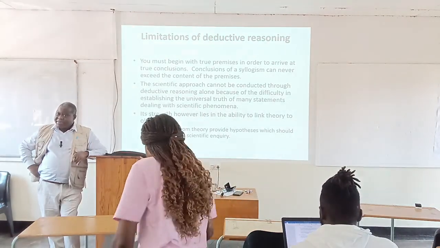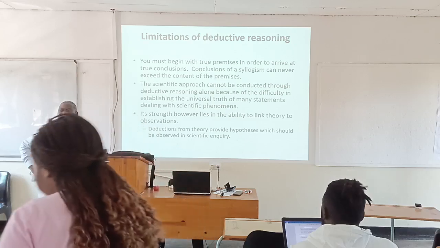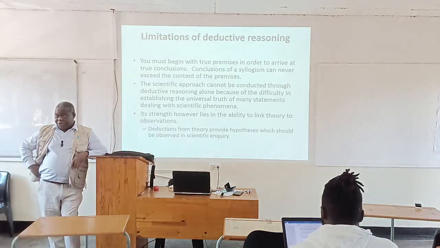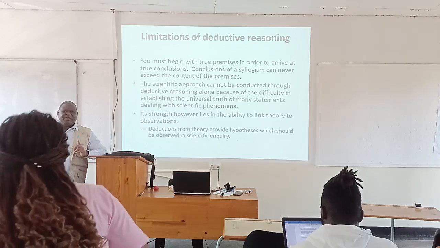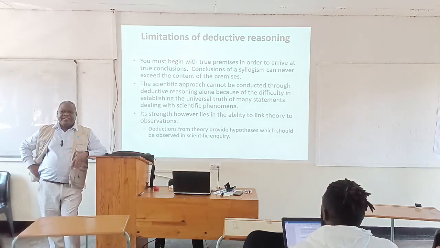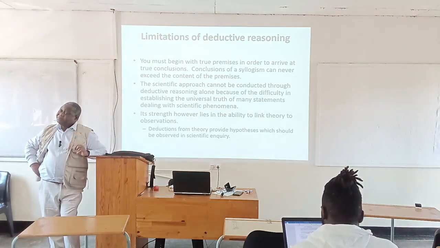Somebody can come up with a deductive reasoning to say, Theodore, in his study, found that people living in areas which have a lot of water tend to suffer from bilharzia in Nsanje.